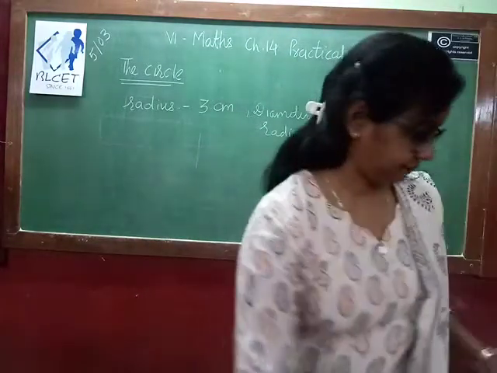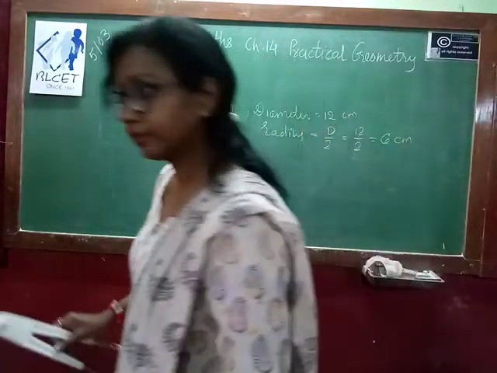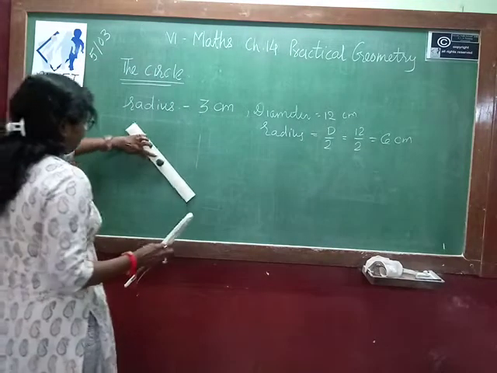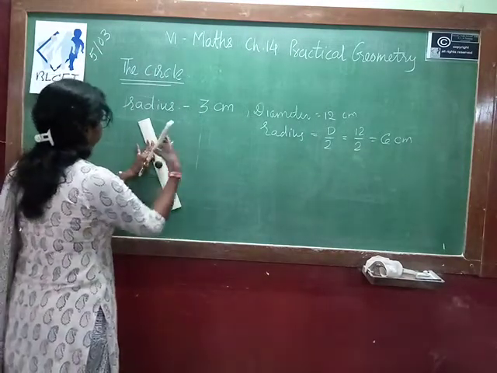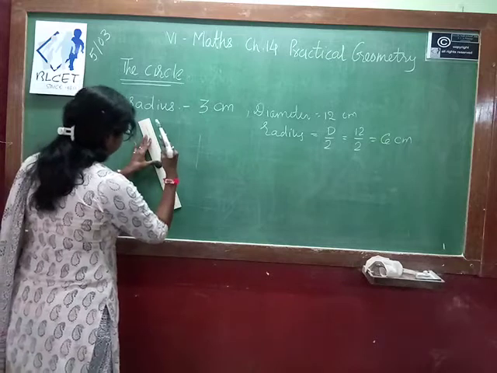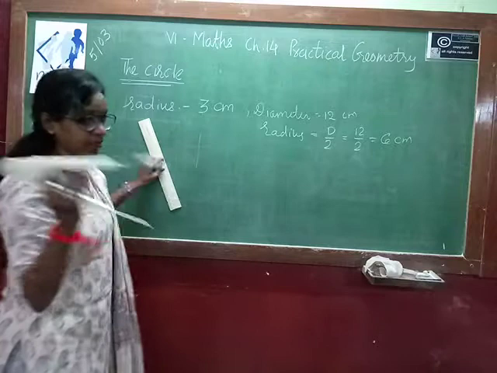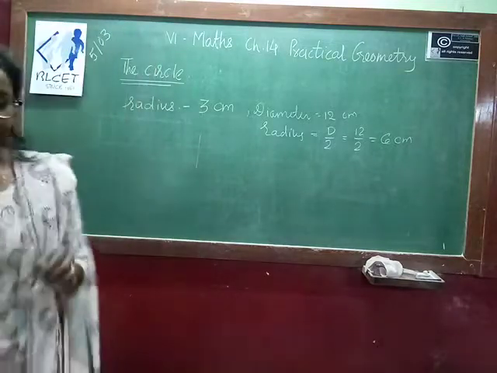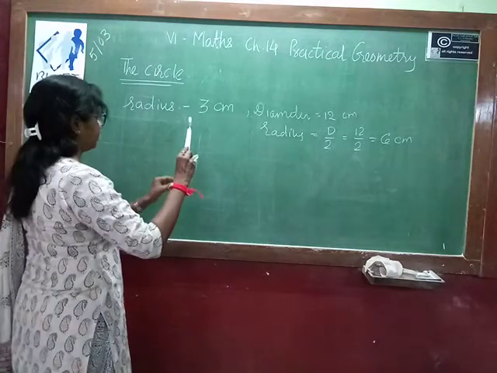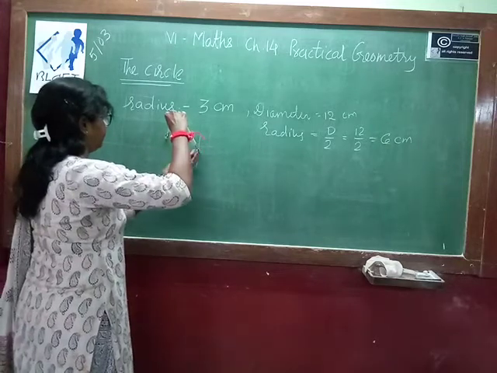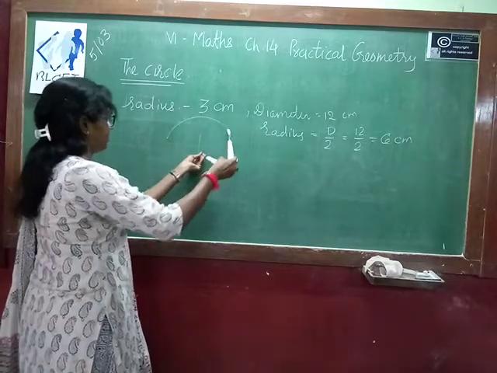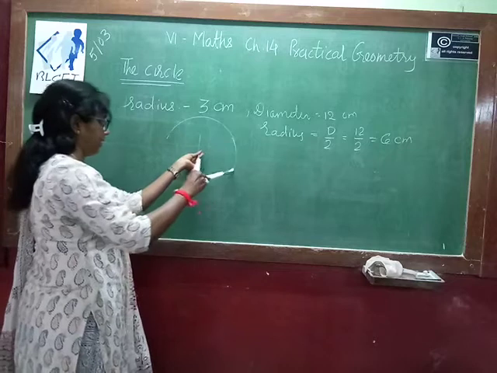So now take a measurement of 6 cm on the scale like this. This is your 6 cm measurement. Don't change this, and we can draw the circle of 6 centimeter radius.